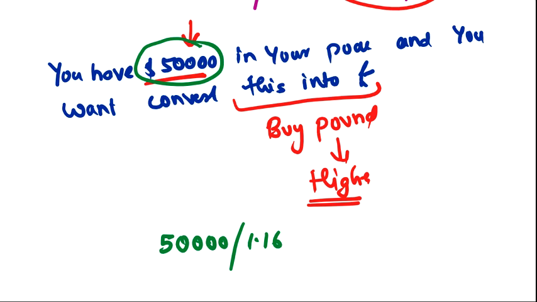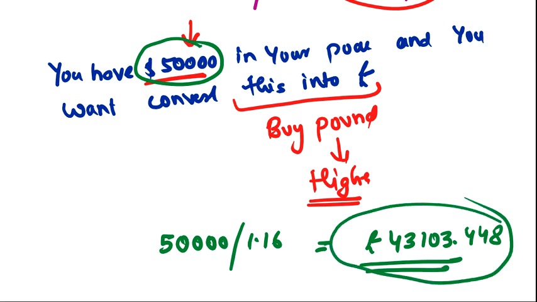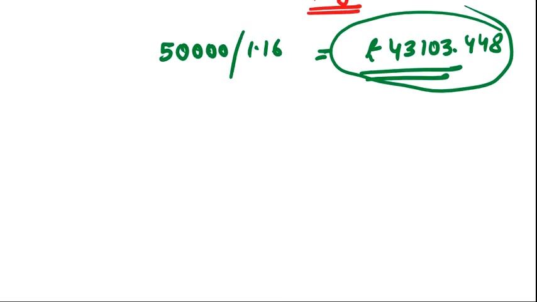Do it fast. How much? 43103.448 pound. When you convert your $50,000, you are going to get this much amount of pound. Are you getting the point? Clear? Let us have another question.